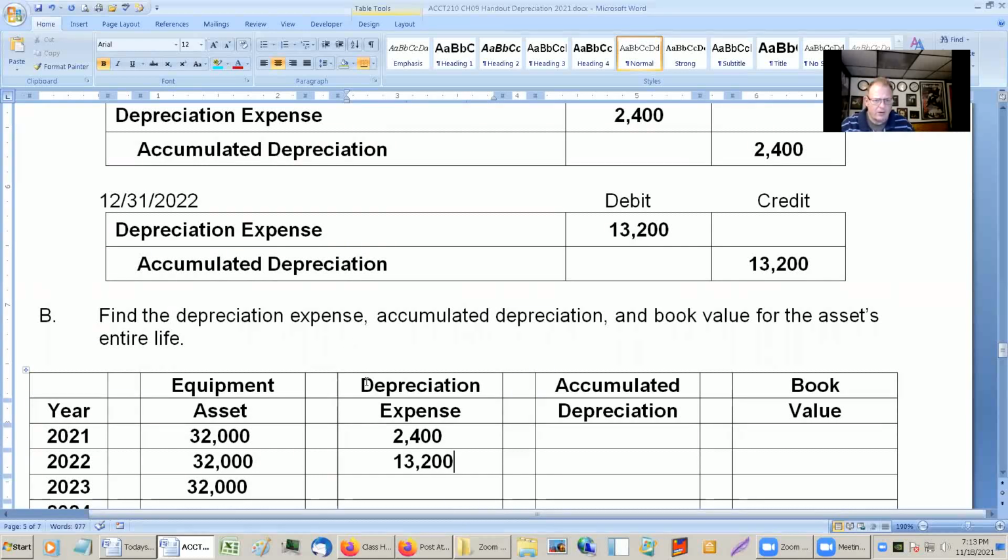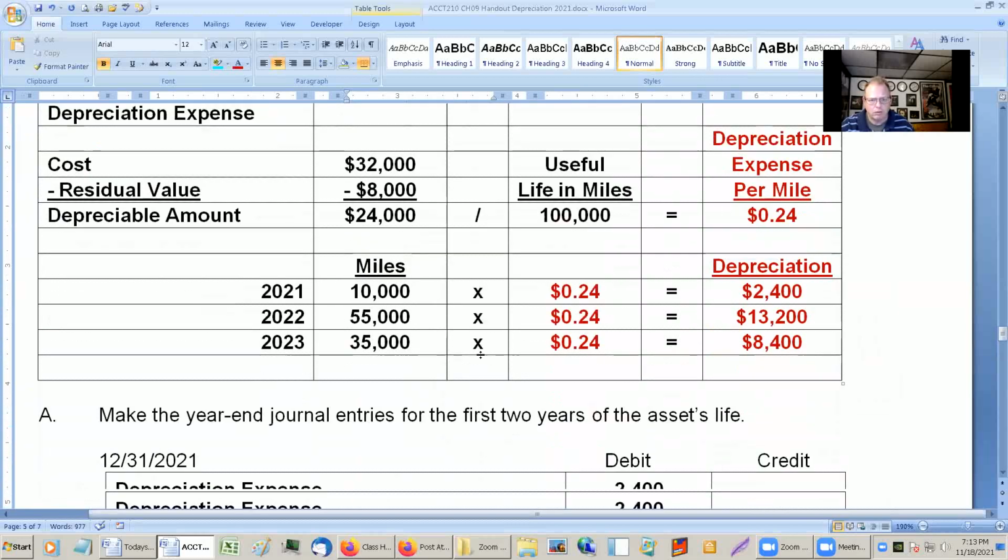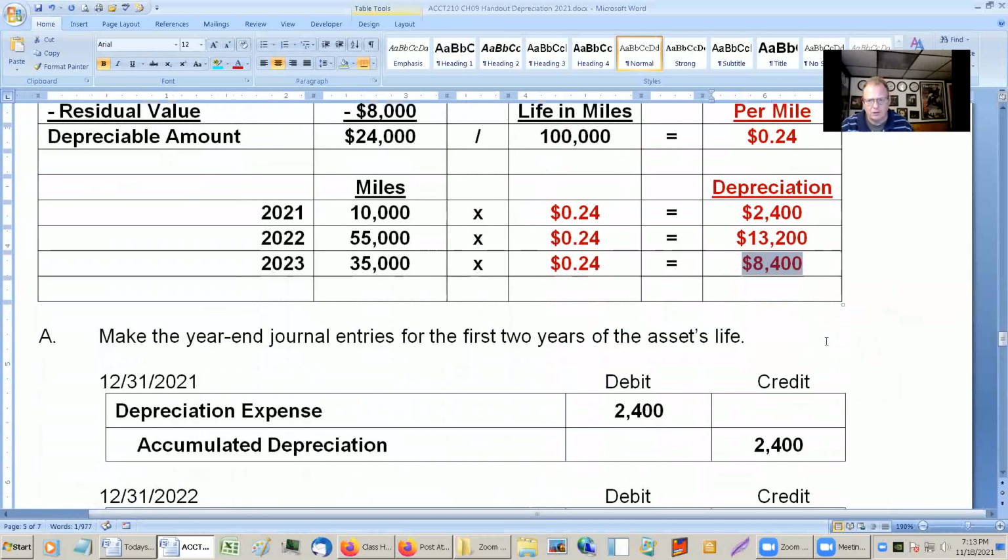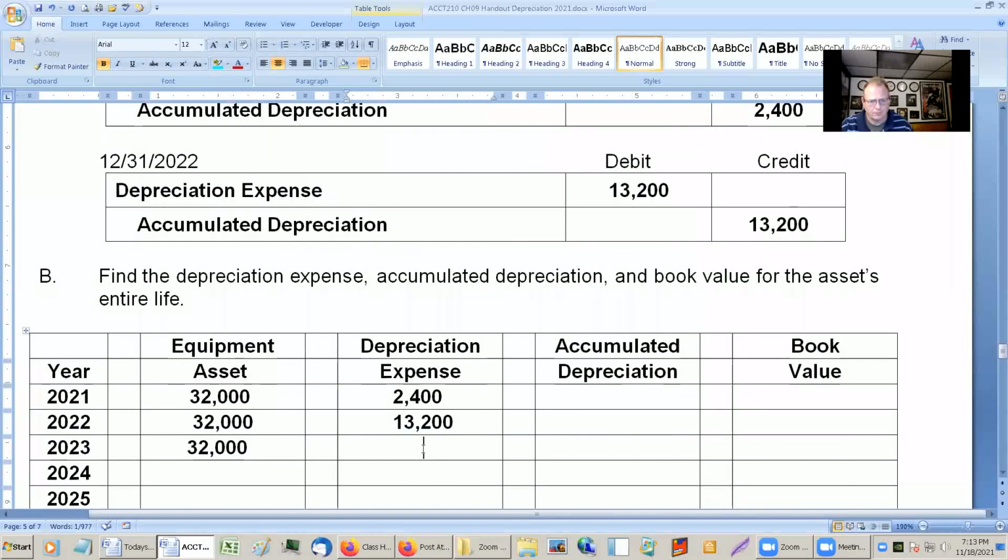And for your 2023, it was like 8,400. Okay, so let's take a look here.